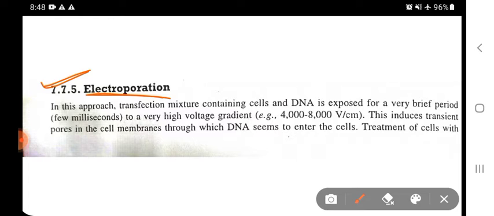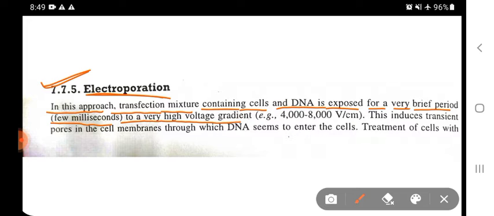Okay, so what does it say about electroporation in animal biotechnology? In this approach, a transfection mixture containing cells and DNA is exposed for a brief period, a few milliseconds, to a very high voltage gradient. That means we use a buffer solution. In the previous lecture on electroporation we have seen that we use a buffer solution.